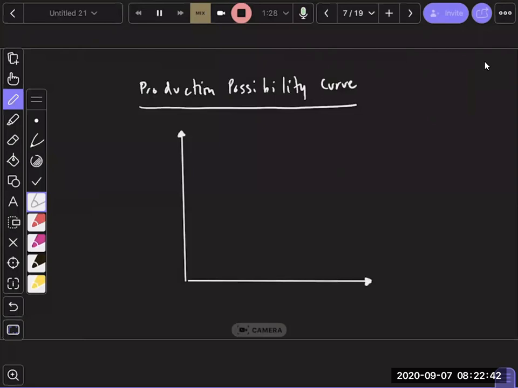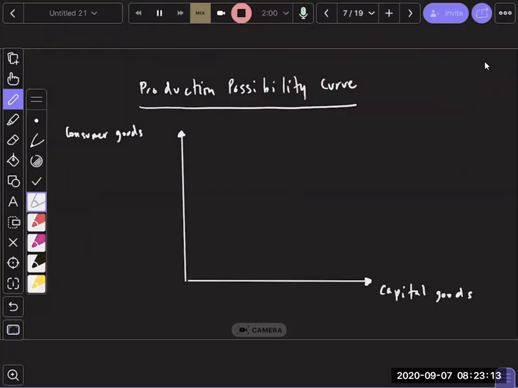Let's say there's a very simple economy that makes two goods: consumer goods on one side and capital goods on the other side. Remember, consumer goods are those goods that a consumer uses not for the production of other goods; the end consumption happens at the consumer's level.